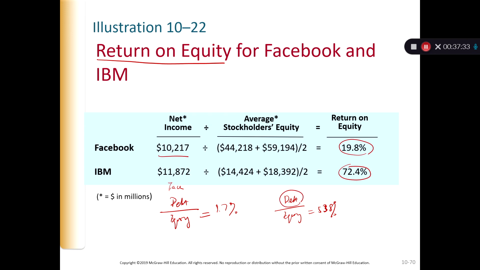That means debt is 5 times more than equity. So in other words, Facebook is relying on equity financing, and IBM is relying on debt financing.